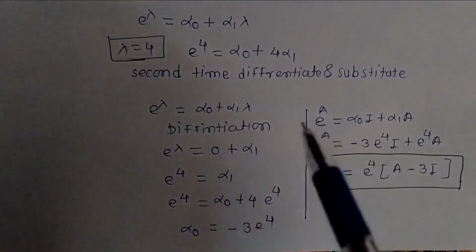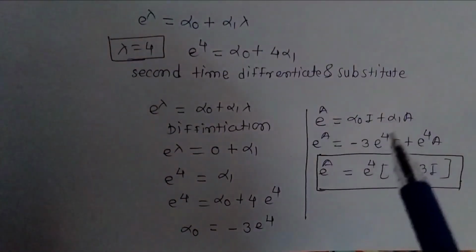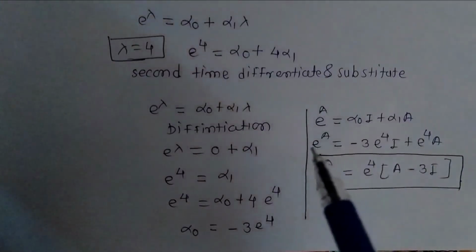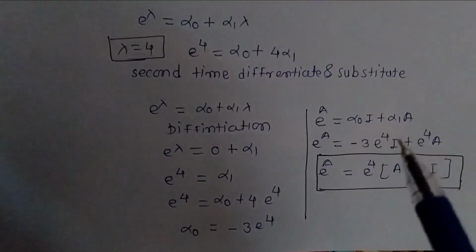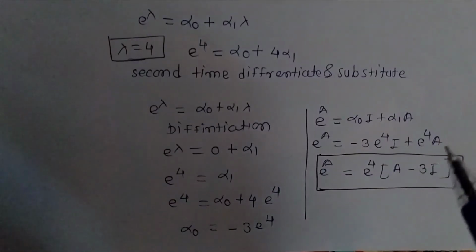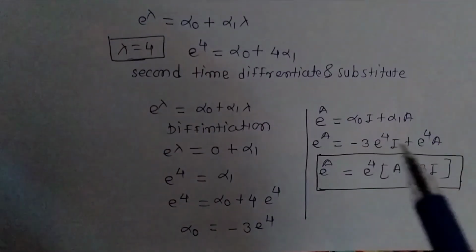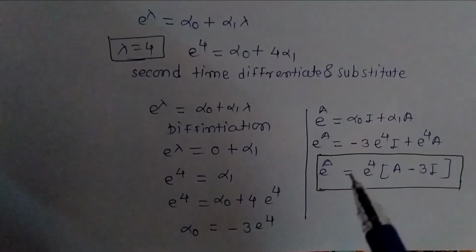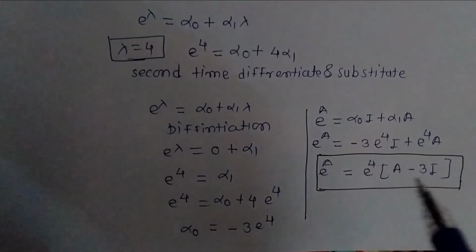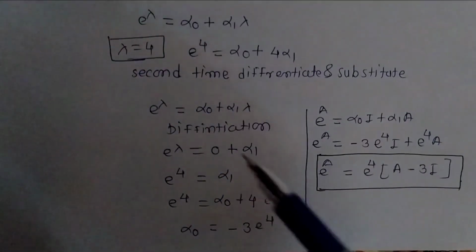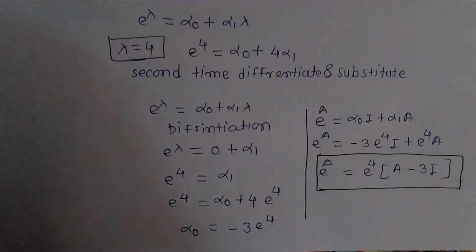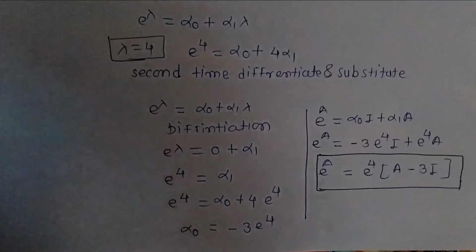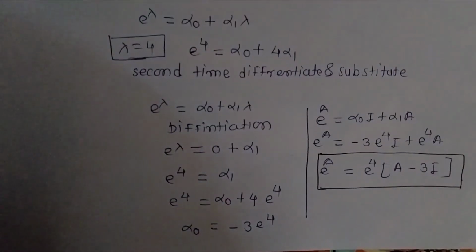So e raised to a, alpha naught I plus alpha 1 a, becomes minus 3 into e raised to 4 I plus e raised to 4 a. When we take e raised to 4 common, e raised to a is equal to e raised to 4 into a minus 3 I. So this is the value of e raised to a when there are two degenerate, that is same, eigenvalues.